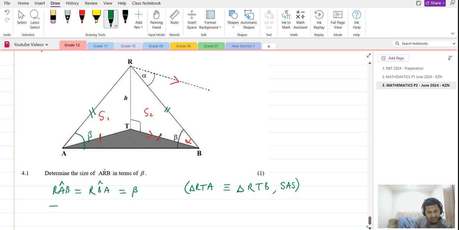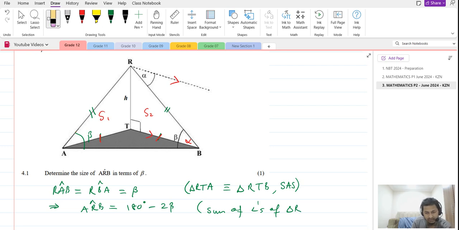And this implies ARB is equal to 180 minus 2 beta, that is the sum of angles of triangle ARB. Well, we got the answer, 180 minus 2 beta. Right, perfect. Let's continue solving.